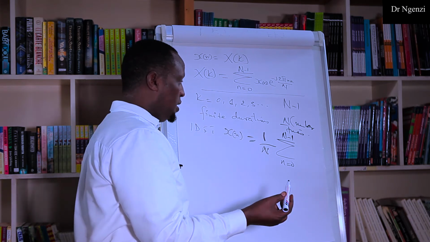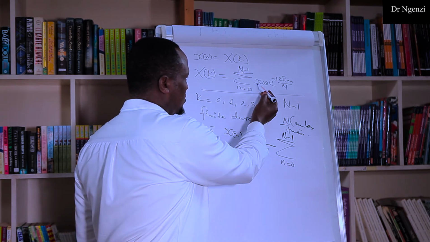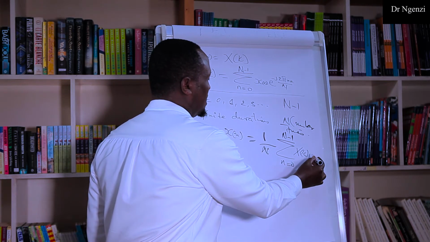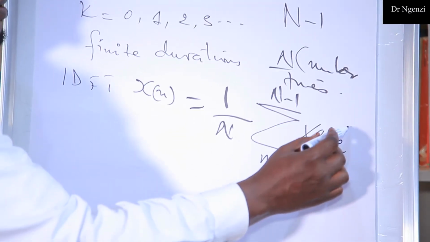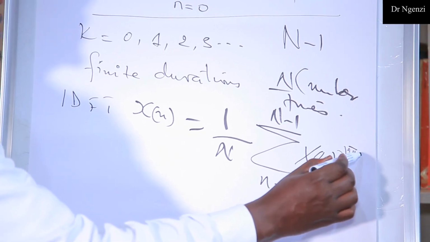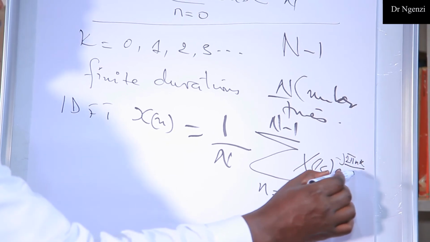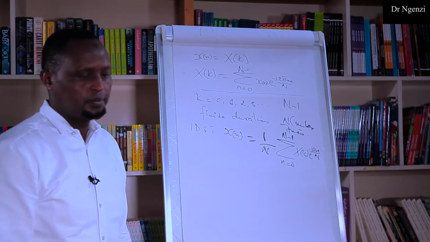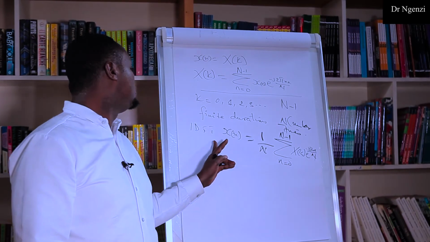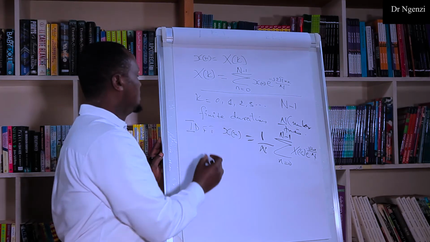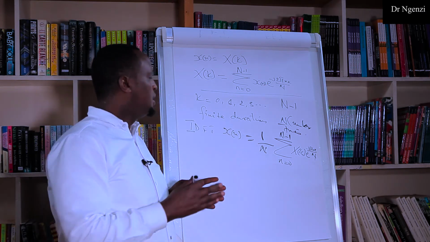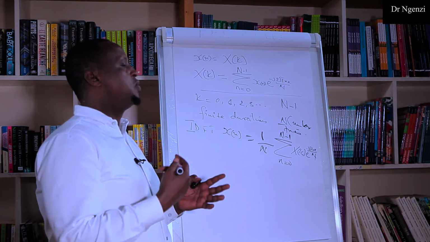And remember, it's not going to be this, it's going to be the big X of k in this case. The main coefficient is going to be the same, e to the j 2 pi n k over big N. So this is going to be the inverse DFT.